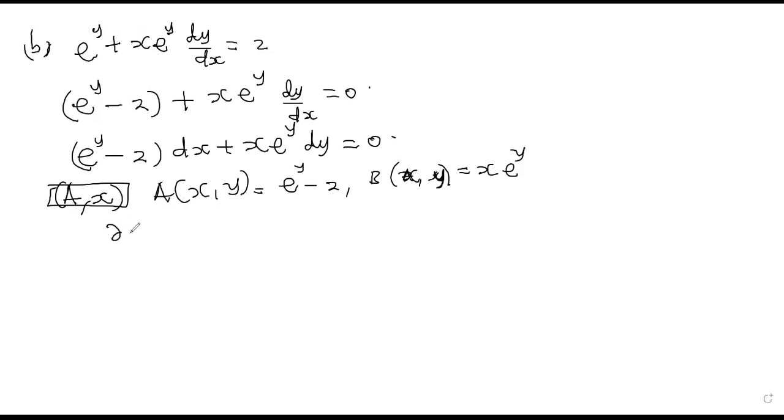So ∂a/∂y means that we differentiate this: we first differentiate the power, which is 1, then we rewrite, so it will keep e to the power y. Then ∂b/∂x, with respect to x, this is 1 times that, so it will be e to the power y. Hence exact.